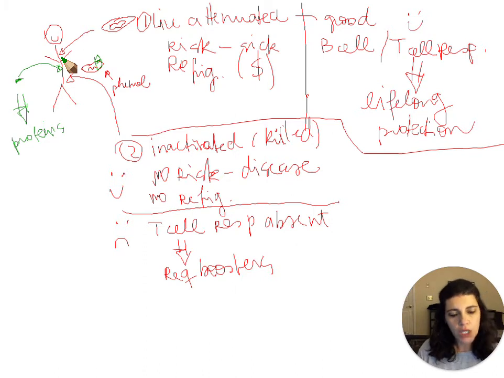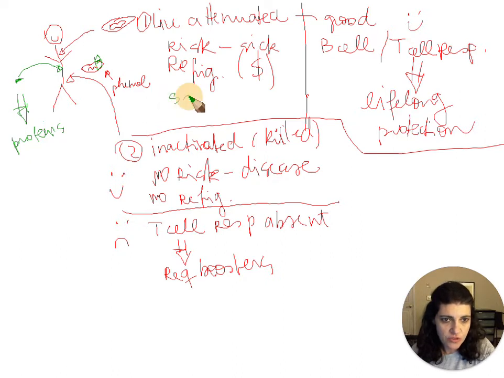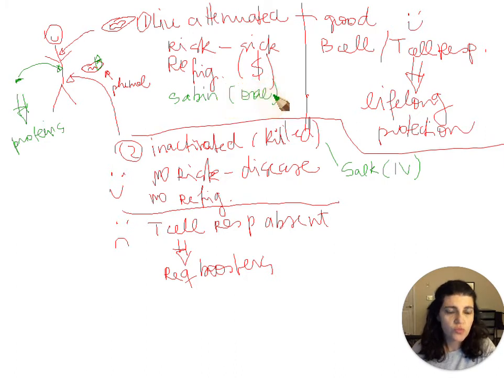So when it comes to polio, there are two vaccines, right? The Sabin, which is here, live attenuated, and the Salk, which is in this category. Salk is injected. Sabin is oral. What is the problem with Sabin? Sabin goes through the mouth, right?